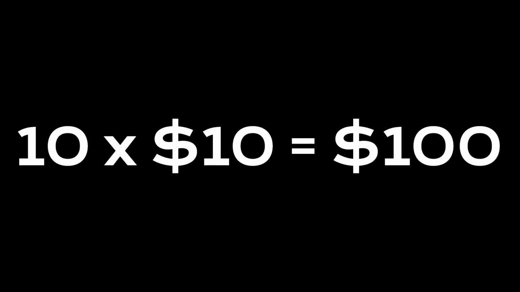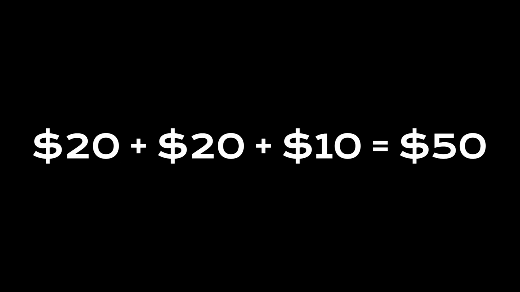If you cover the ones place, then you have 10s and 100s. But there is the number 10 remaining. 10 times 10 will give you 100. And the 100 has 1 and 2 zeros. So if you were to change a $50 note, you will receive two 20s and a 10.